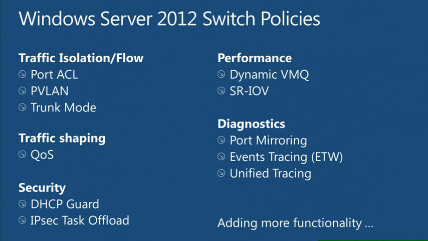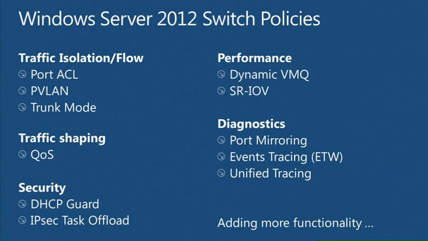Security features. You might be familiar that in 2008 R2 server, SP1, we put in ARP poisoning protection. ARP poisoning protection makes sure that a particular machine can't do a man-in-the-middle attack by answering to ARP replies from another machine. We've added to that, and we put in router guard, and we put in DHCP guard.